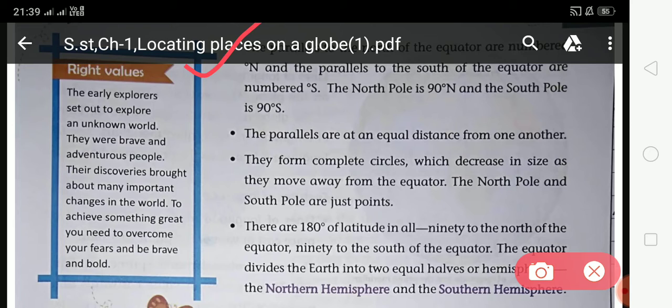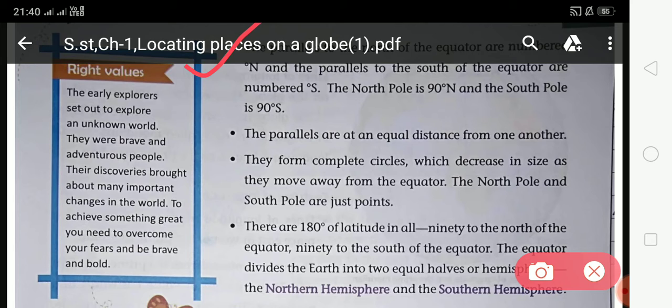So students, the lines parallel to the north of the equator are known as degrees north, and the lines parallel to the south of the equator are degrees south. You can say the North Pole is 90 degrees north and the South Pole is 90 degrees south.